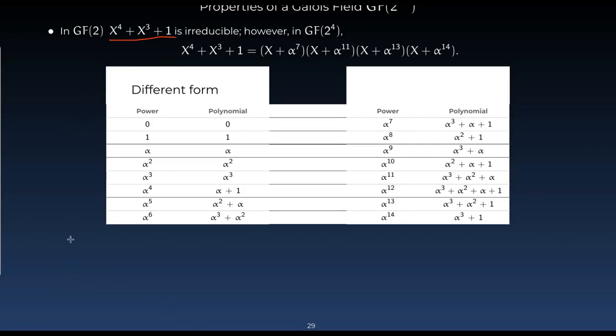Let me multiply alpha^7 and alpha^13 together, and these two together.